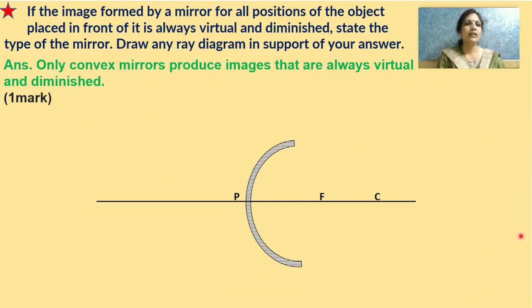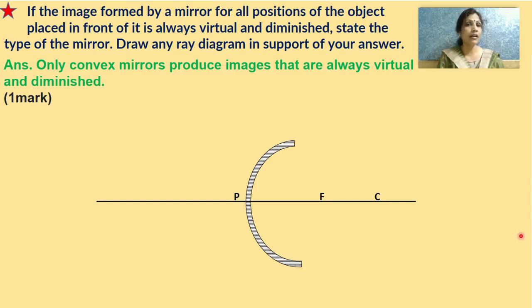This question is, if the image formed by the mirror for all positions of the object which is placed in front of it is always virtual and diminished, state the type of mirror and draw the ray diagram in support of your answer.